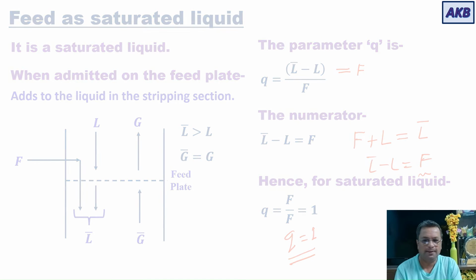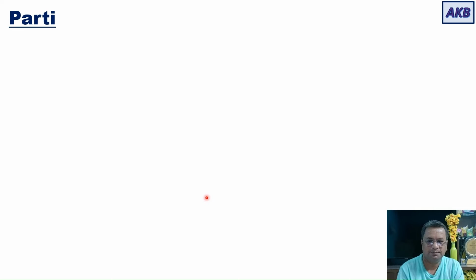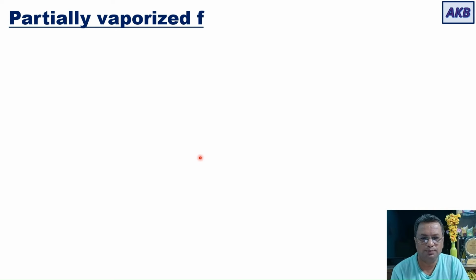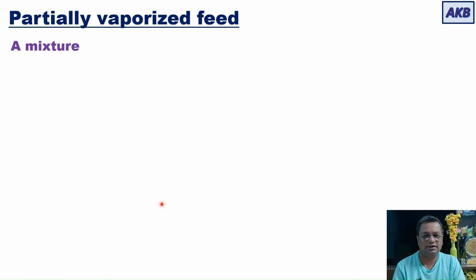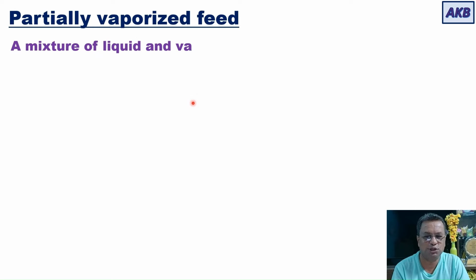Now next, let us know the value for Q if the feed to the column is partially vaporized. Partially vaporized feed, that is, it is a mixture of liquid and vapor phases.